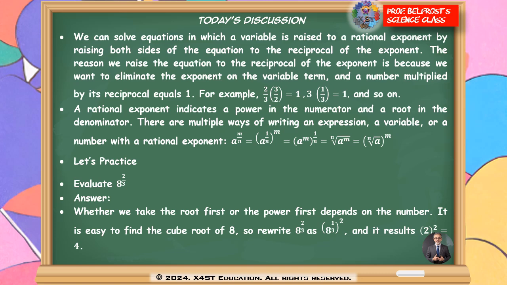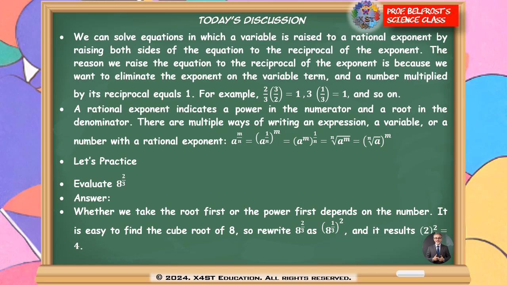This is the same as taking the nth root of a raised to the power of m, and also the same as taking the nth root of a, raised to the power of m. Actually, there are many ways of expressing the same equation.